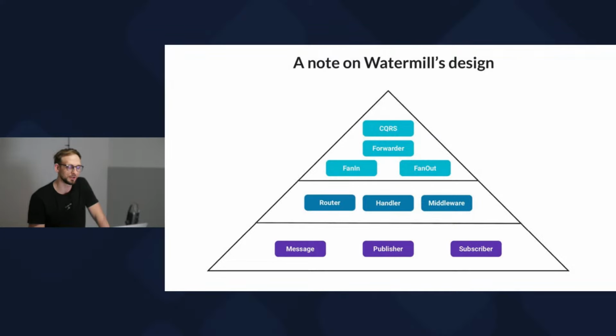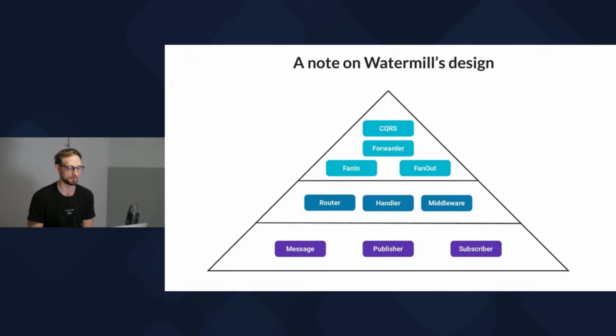And what I like about the design is that we have the foundations of a message, a publisher and subscriber interfaces. It's at the very bottom, the low-level interface of Watermill. And then on top of this, we have the router, handlers, and middleware. And they work with the low-level concepts pretty well.